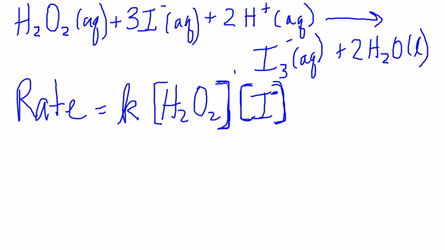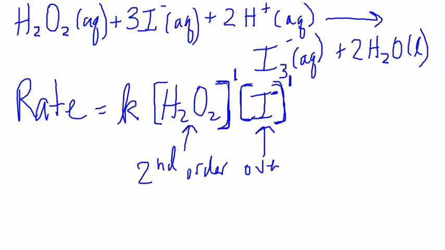If both of these are understood to be 1s, then it is said to be second order overall. So, first order with respect to the hydrogen peroxide, first order with respect to the iodide ion, and second order overall when you add them together, because 1 plus 1 is equal to 2. To get the overall order, you add together the exponents.